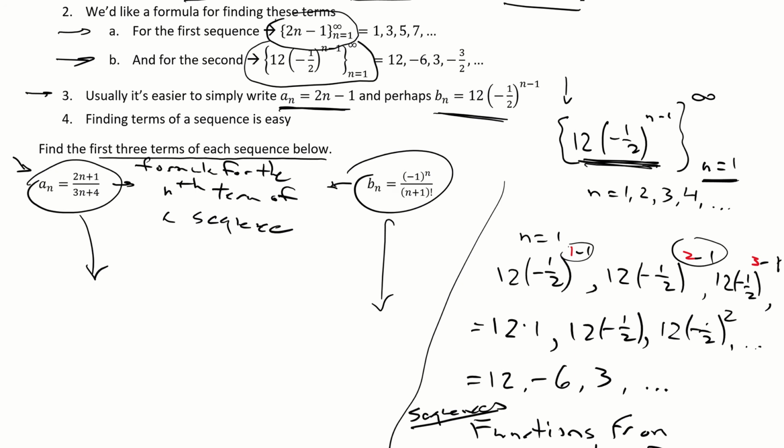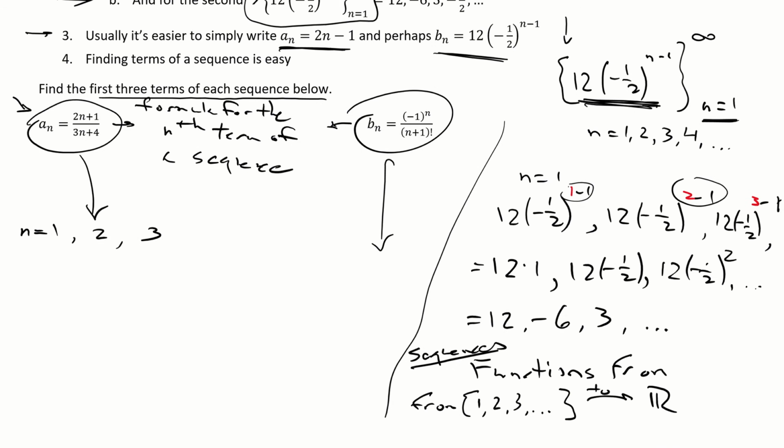Let's work on one at a time, okay? So A sub n equals 2n plus 1 over 3n plus 4. So to find the first 3 terms, you let n equal 1, then you let it equal 2, then you let it equal 3. Very simple. You're just plugging those numbers in.